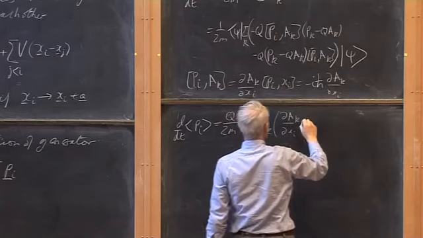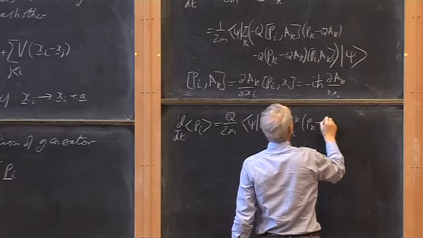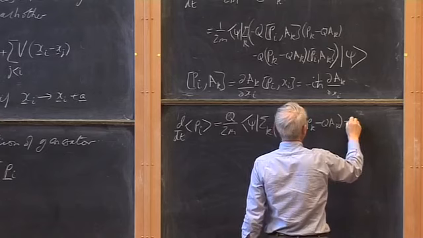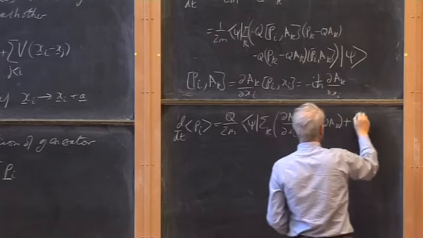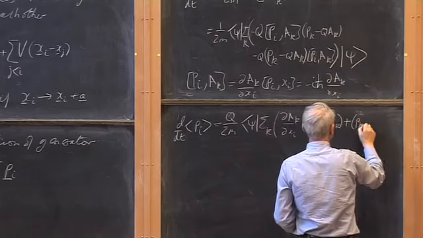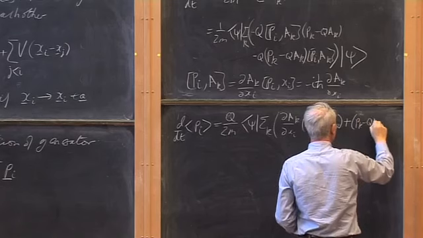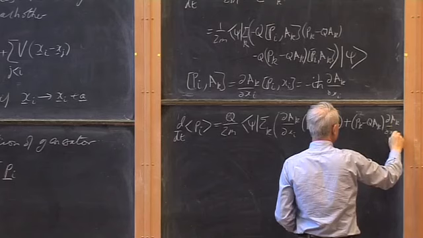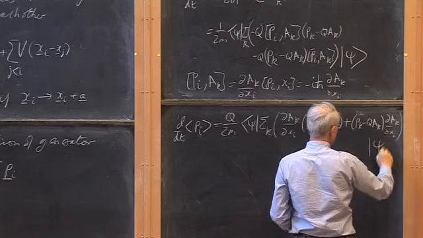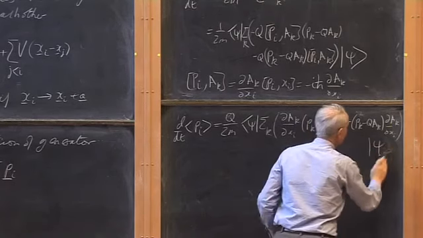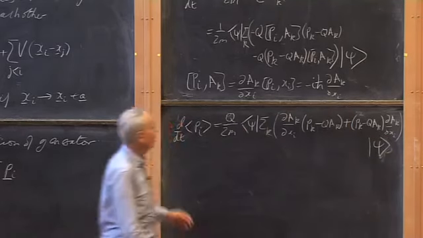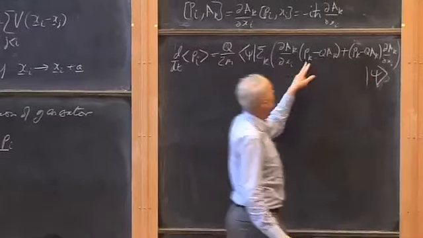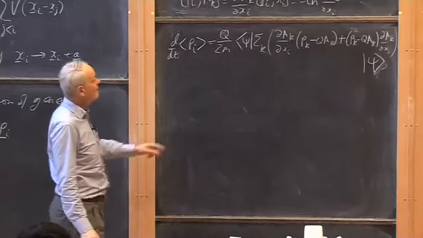Hope we've got all the factors. (pk minus q Ak), and we're going to have essentially the same thing but in the reverse order, (pk minus q Ak) of dAk by dxi, close a big bracket and stick a matching ket psi on the outside to take the expectation value.